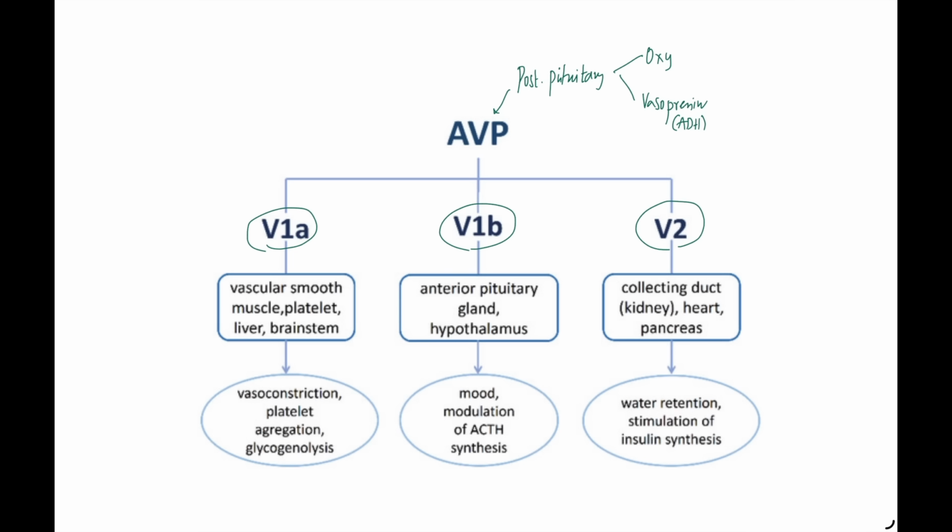When it acts on V2 receptors, it selectively acts on the kidney, which leads to water retention, because it's an antidiuretic hormone. Whereas V1 receptors are present on the blood vessels, so mainly vasoconstriction happens if it acts on the V1 receptor.